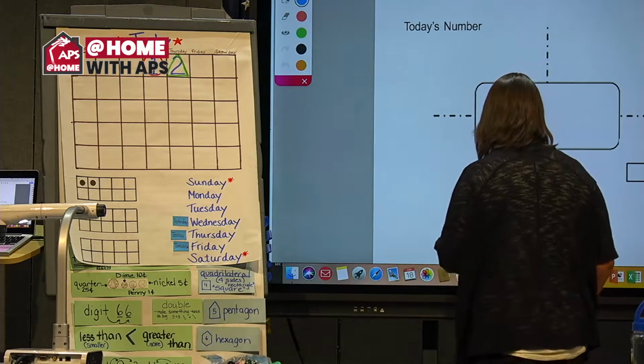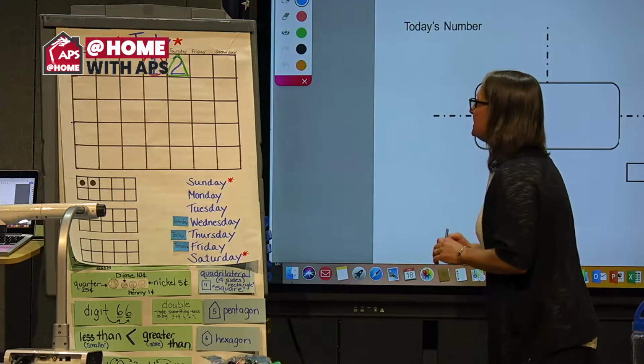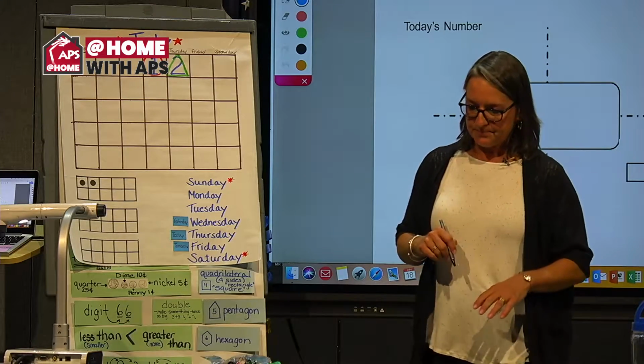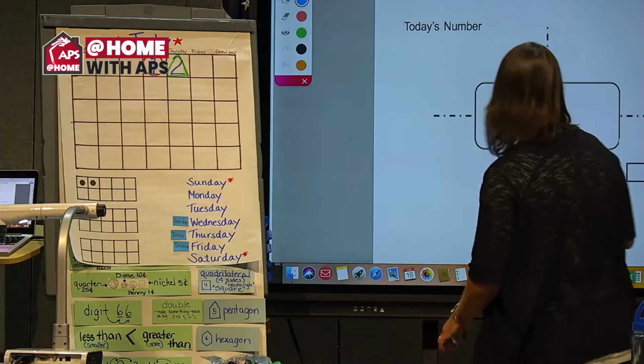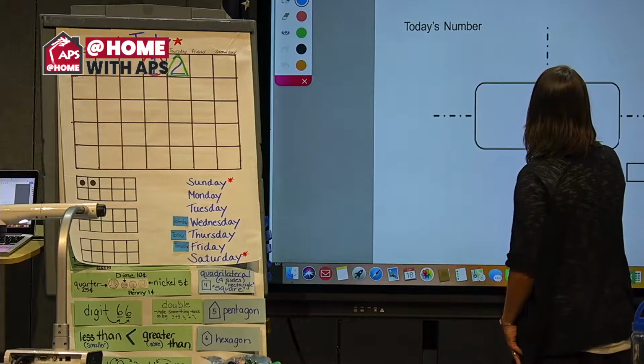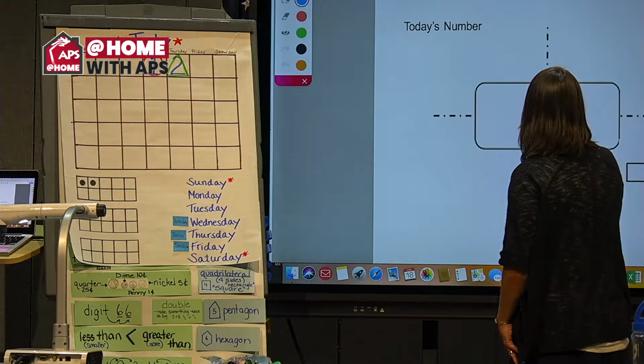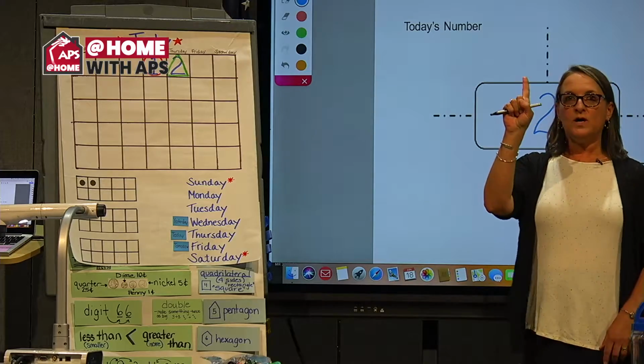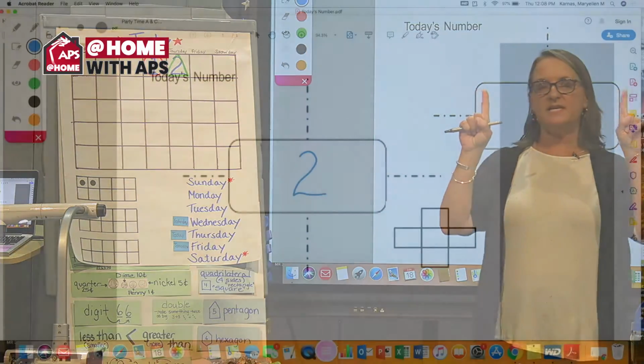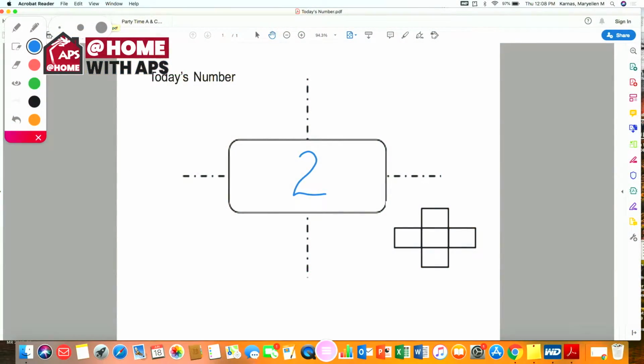Now, let's go ahead and add to our today's number chart. So 2 is a 1-digit number, right? Because it's only made up of ones. 1, 2. No 10s there yet, right? Not until we add 8 more, like we saw on our frame. Then we'd have 10. So what are some other ways we can represent the number 2?